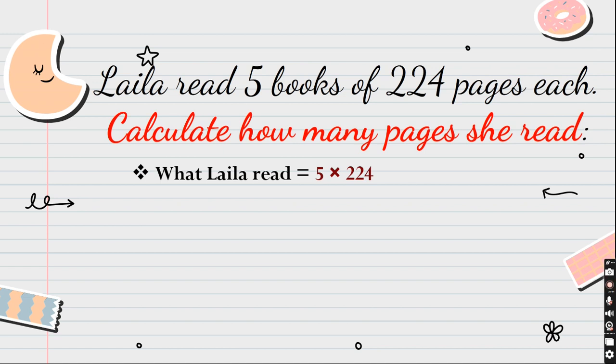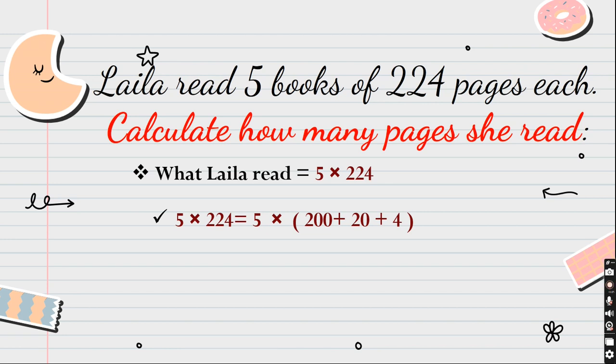Then we decompose the number 224 to get the product of 5 times 224. When we decompose the number 224, it will be 5 times 200 plus 20 plus 4.